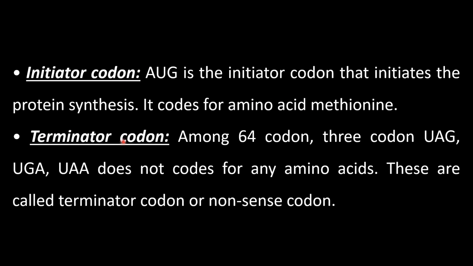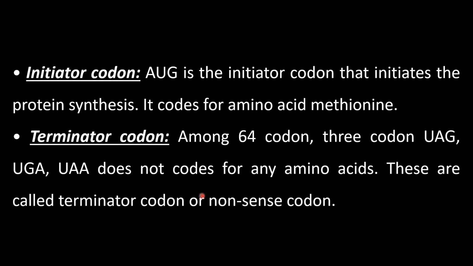The terminator codon. Among the 64 codons, 3 codons, UAG, UGA and UAA, do not code for any amino acid. These are called terminator codons or nonsense codons. So out of 64, the 3 codons do not code for any amino acid.